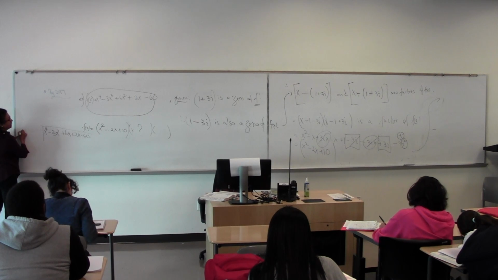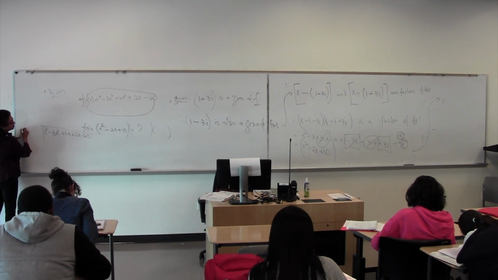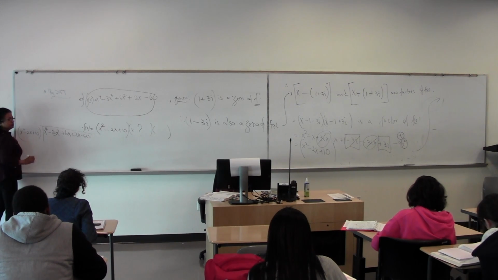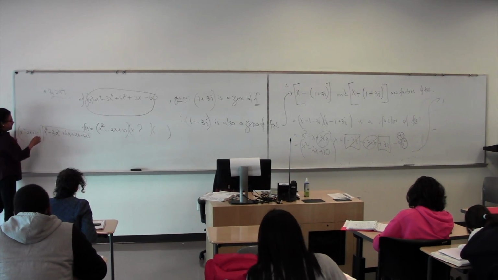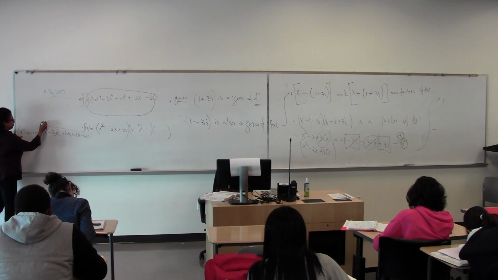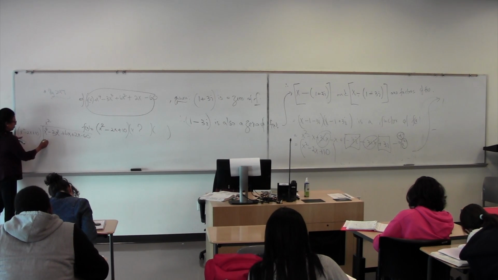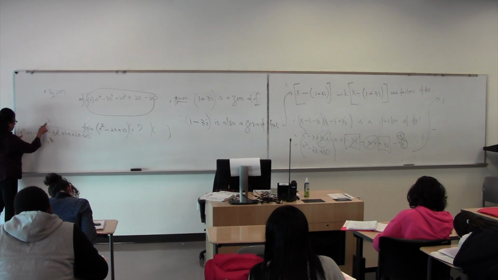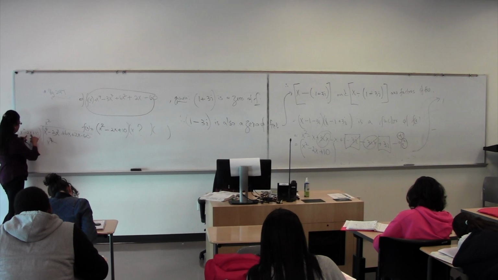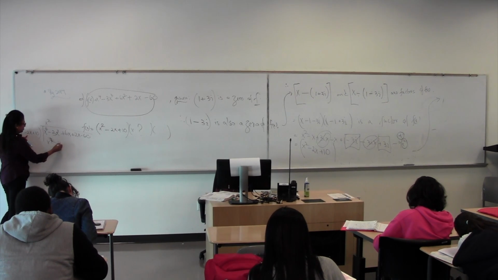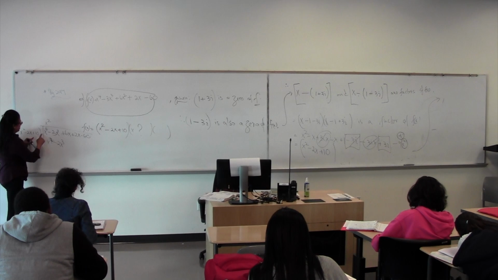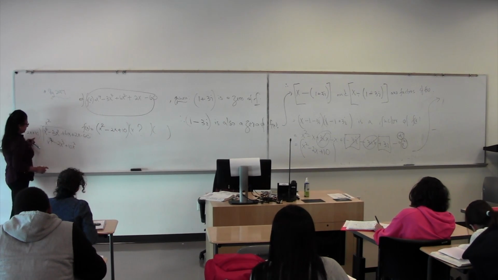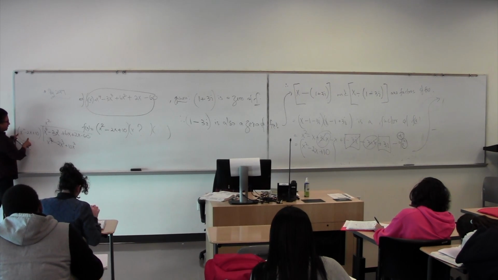We need to divide this by, what am I supposed to write here? X squared. This is going to be x to the 4, negative 2x to the 3, positive 10x squared. So you multiply this by this.